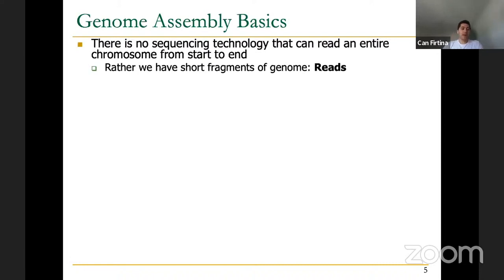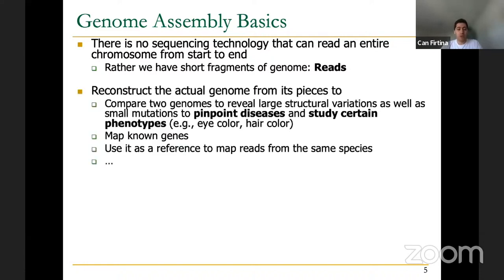So there are some basics in genome assembly. As I identified, there is no sequencing technology that can read the entire chromosome from start to end. Rather, we produce reads, which are short fragments of a chromosome or of a genome.